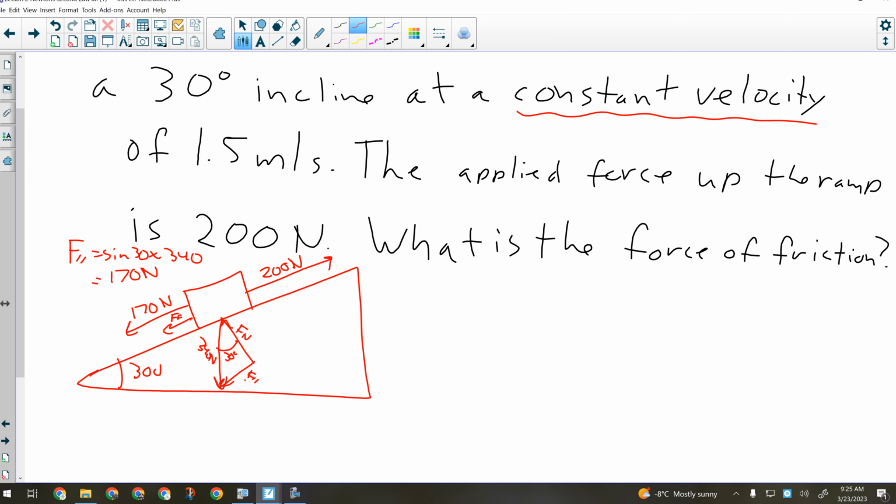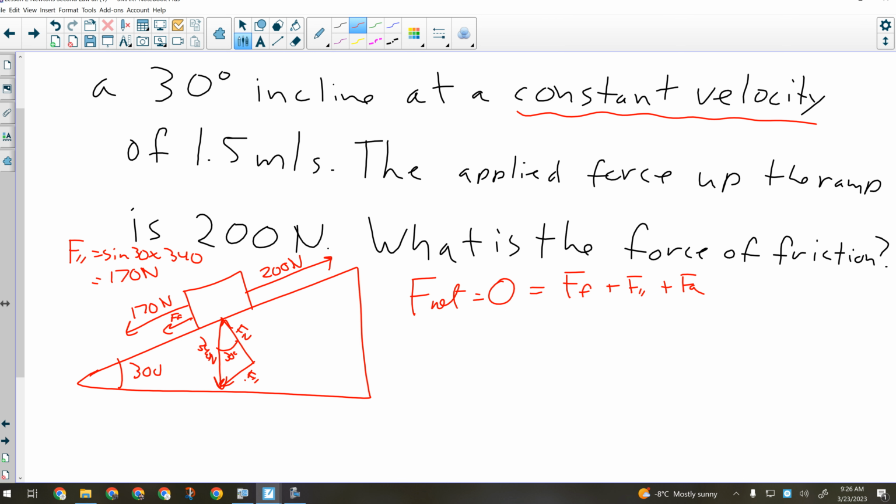Now, since it's moving at a constant velocity and F net equals 0, that means that the force of friction plus F parallel plus the applied force add up to 0. In other words, F parallel plus X equals 200. I have to have 200 newtons down the ramp if I've got 200 newtons acting up the ramp and I want my net force to be 0.